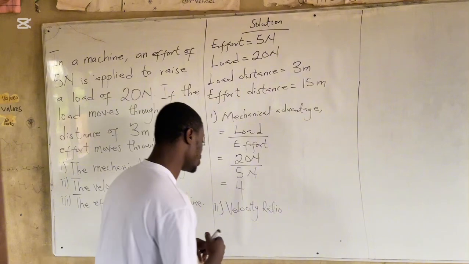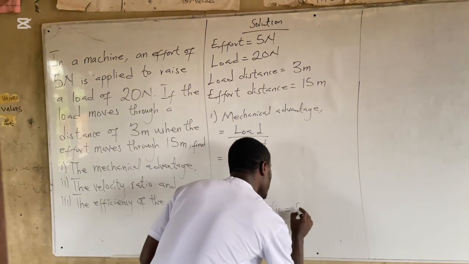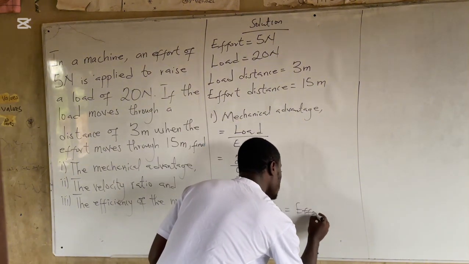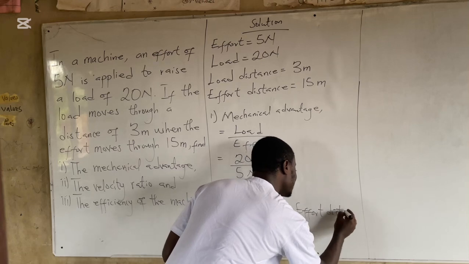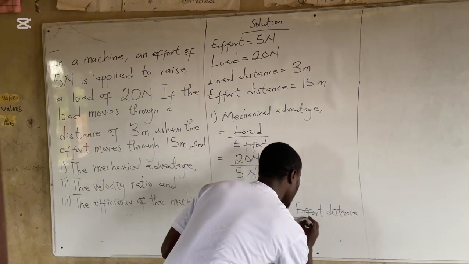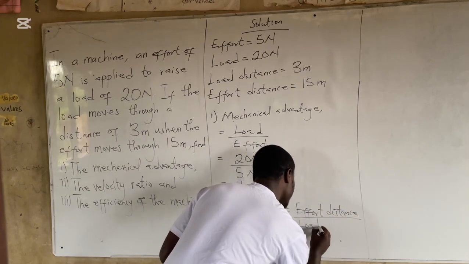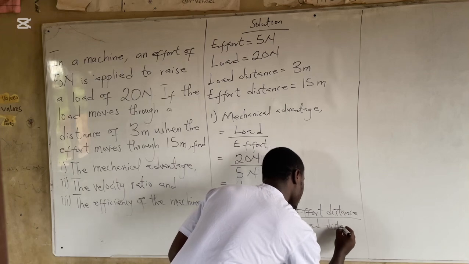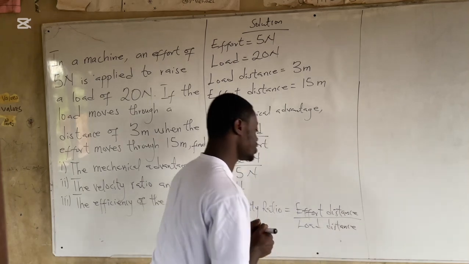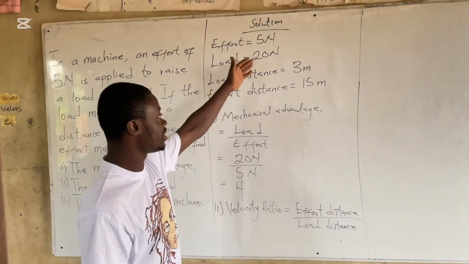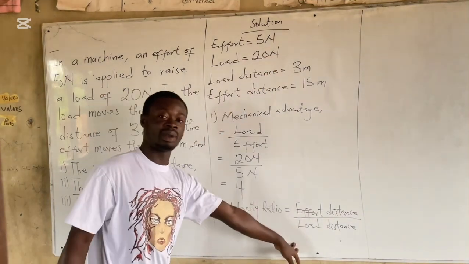So velocity ratio will be equal to effort distance all over load distance. Okay, so let's substitute the values into this formula and find our answer.